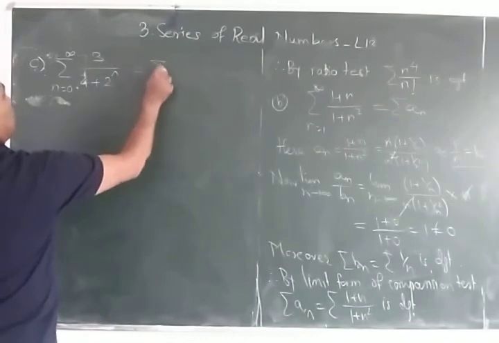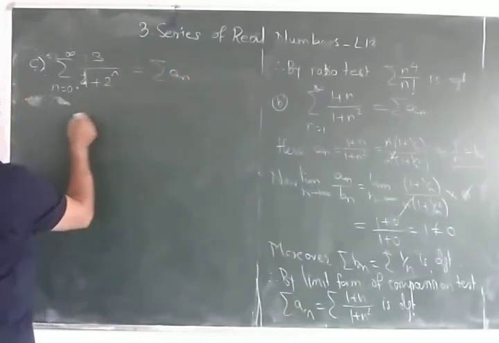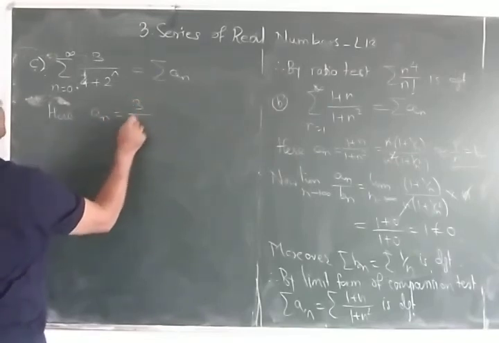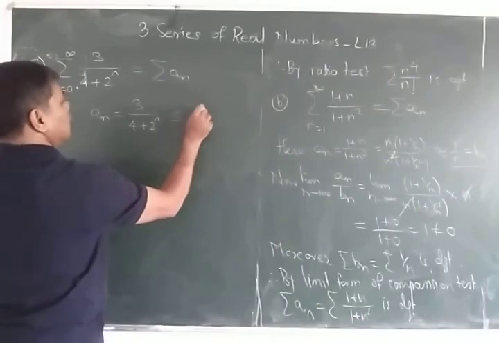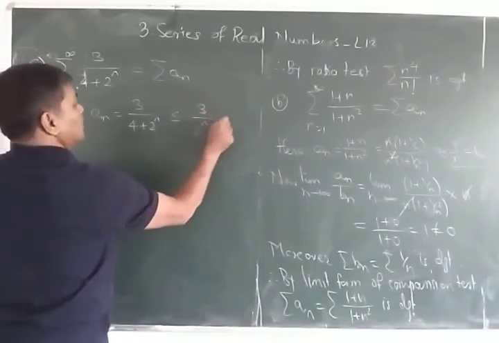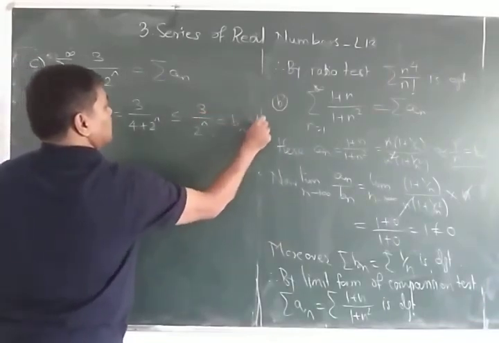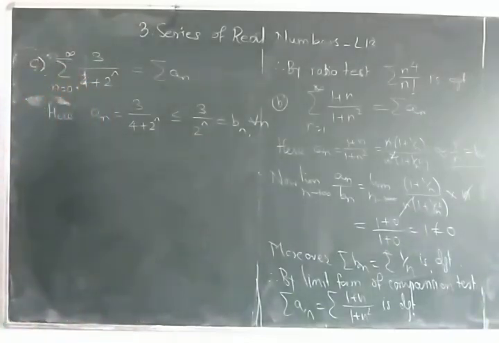So this is summation an. So here an is equal to 3 upon 4 plus 2 raised to n. This is less than or equal to 3 upon 2 raised to n, which is equal to bn, for every n. Is it clear?